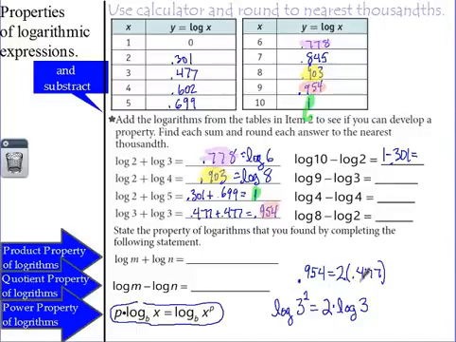And it is actually true that 2 times 0.477 is, in fact, equal to 0.954. So that does end up checking out as something that would work when I actually use numbers from the table. Okay? So that is a property of logarithms that we need to know as well. But I want you to try to see if you can't figure out these two on your own. Okay?